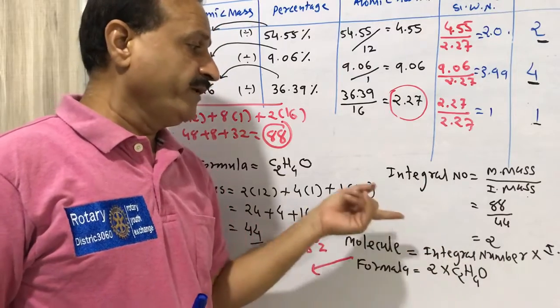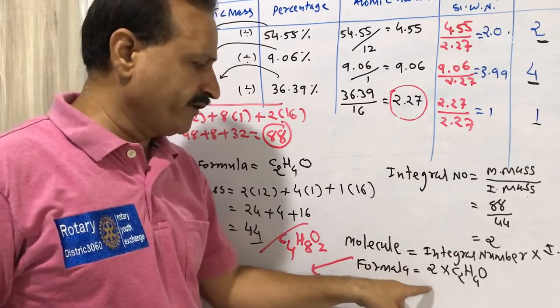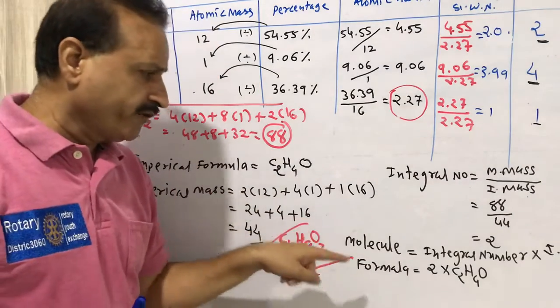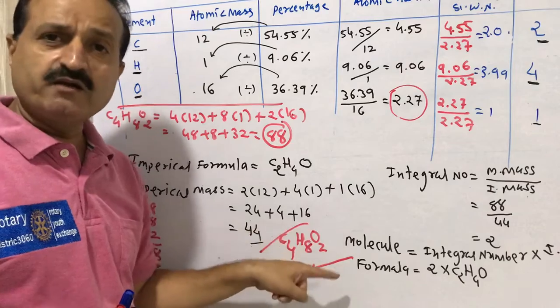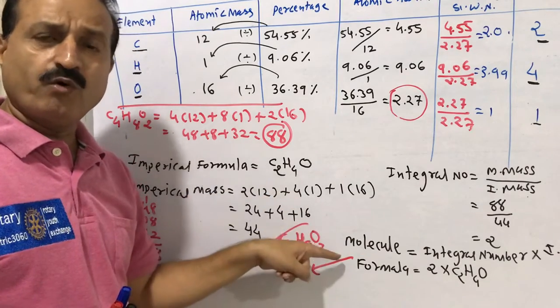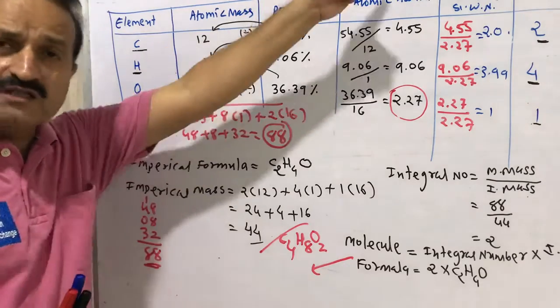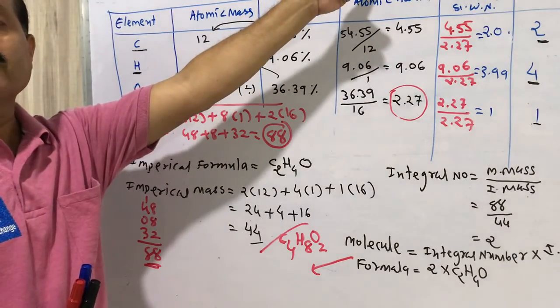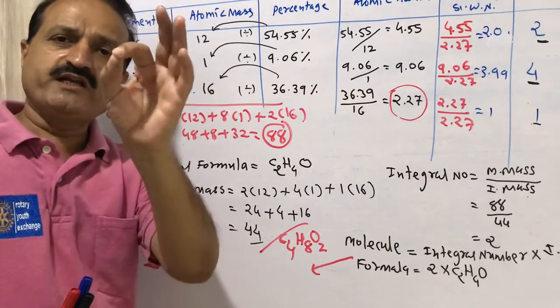Integral number will be multiplied with the empirical formula, that will be the molecular formula. Whether the molecular formula is correct or incorrect, you can check it. You put the atomic masses in the molecular formula and will get the original molecular mass. If both are the same, then it is correct.